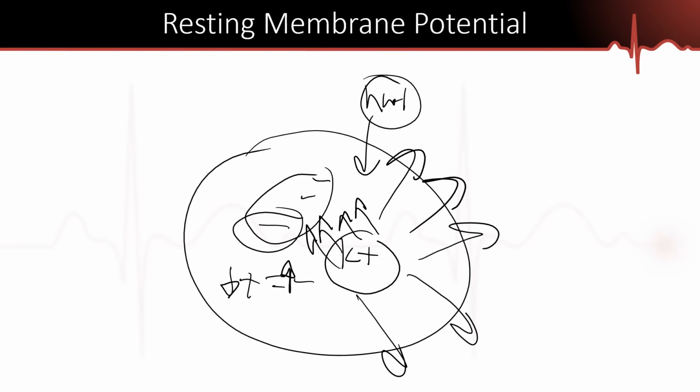As the inside becomes more and more negative, sodium is a positively charged ion. Okay? So as the interior becomes more and more negative, and the stronger negative electrical driving force develops due to more potassium leaving than sodium coming in, that stronger negative electrical driving force is going to begin to pull sodium in at a greater rate.